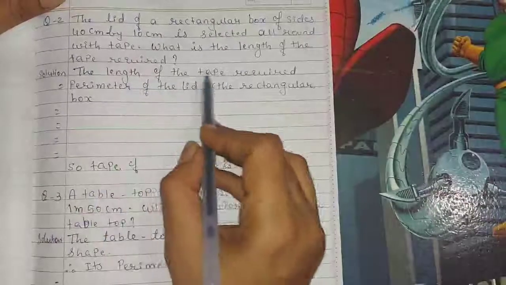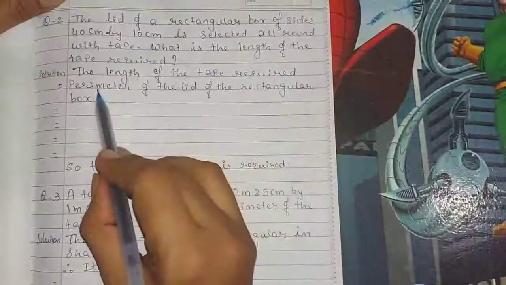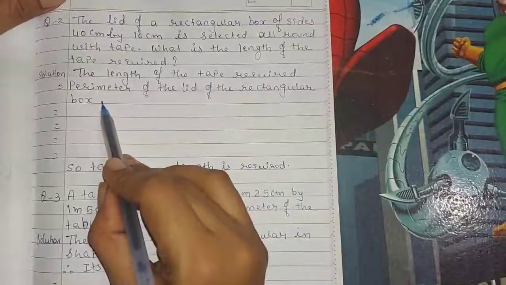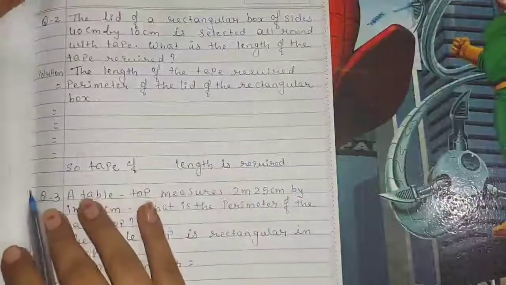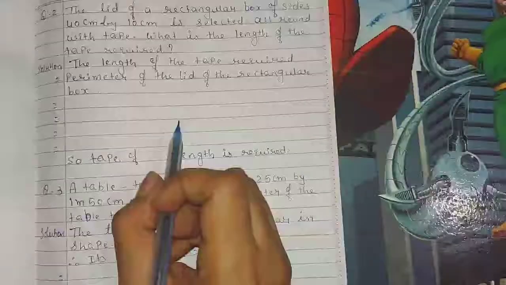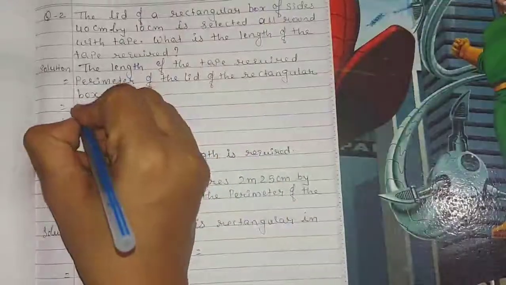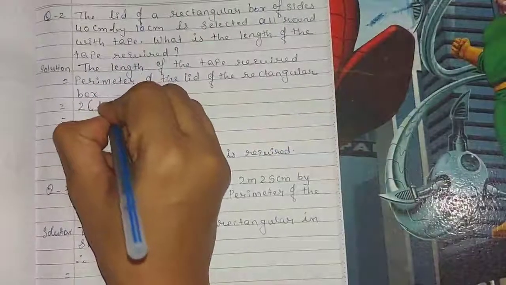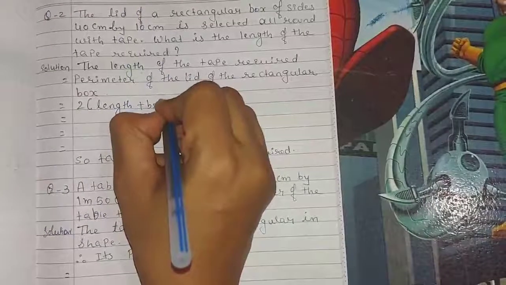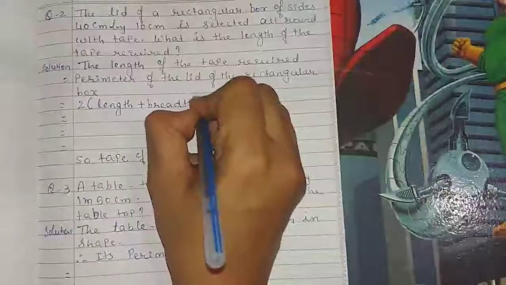The length of the tape required is equal to the perimeter of the lid of the rectangular box. That is equal to what? Perimeter of rectangular shape we will write. So 2 bracket length plus breadth, because opposite sides of a rectangle are the same.